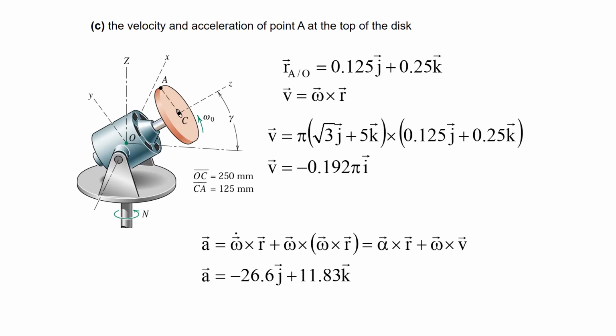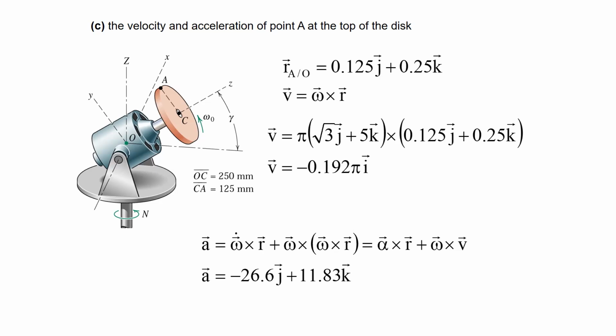This is the linear velocity because R is measured from the fixed point, and that point O is the origin. So V is equal to omega cross R. You put in omega, we have R here, and then in the final vectorial form you get 0.192 pi I.